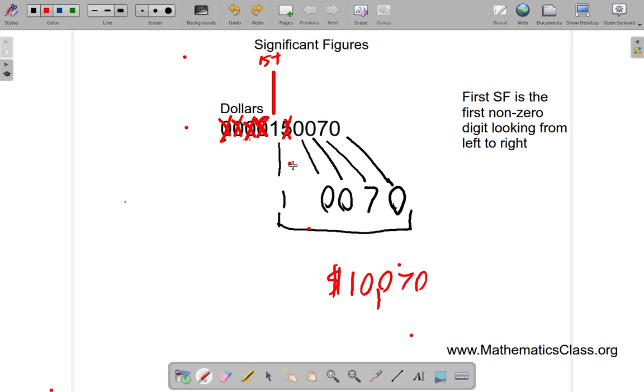You cannot touch the 5. The 5 is significant. It has meaning. So leave it alone. Don't touch it. Let it remain there. Alright. So from left to right, this is our second significant figure.